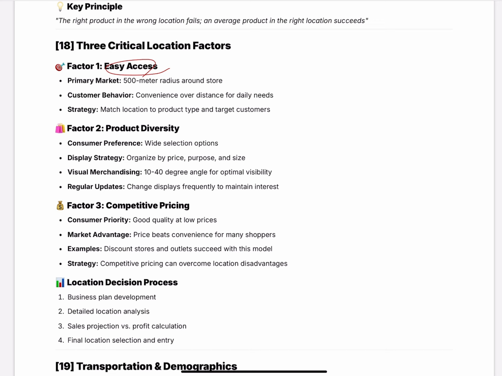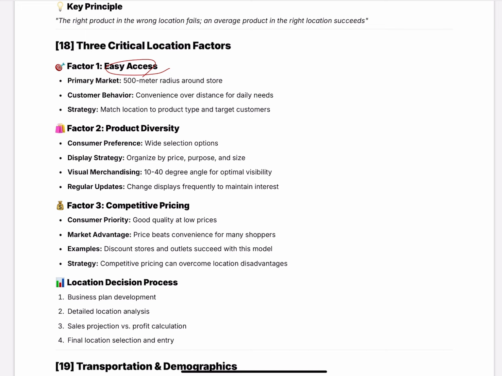Factor two is product diversity. Consumer research consistently shows that people prefer shopping where they have wide selection options. This is why department stores and shopping centers are popular. They offer variety and comparison shopping in one location. Your display strategy should organize products by price range, purpose, and size to make selection easy.